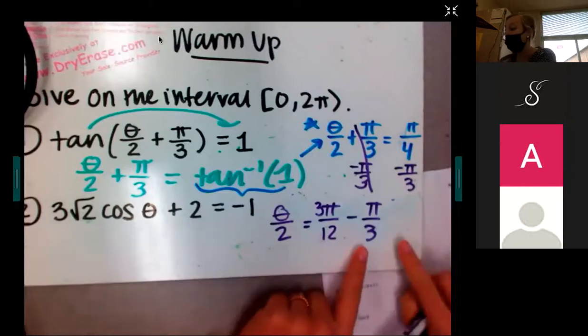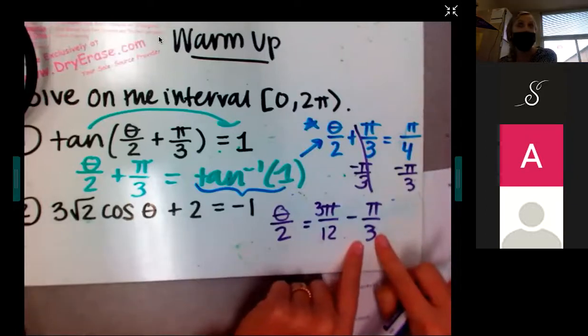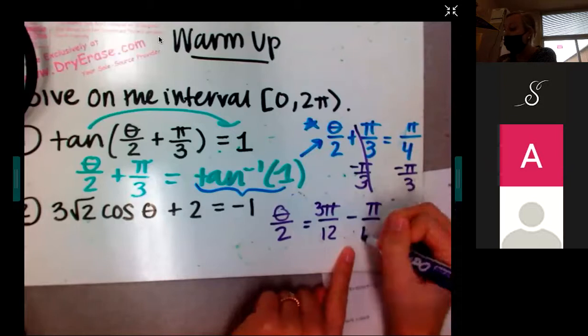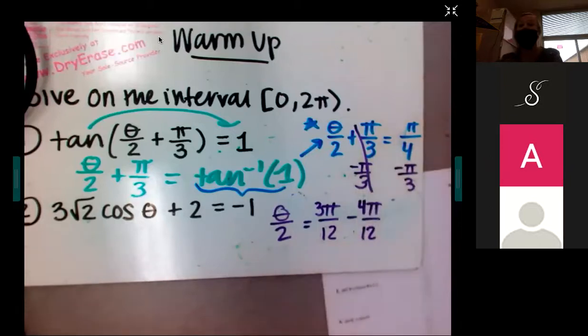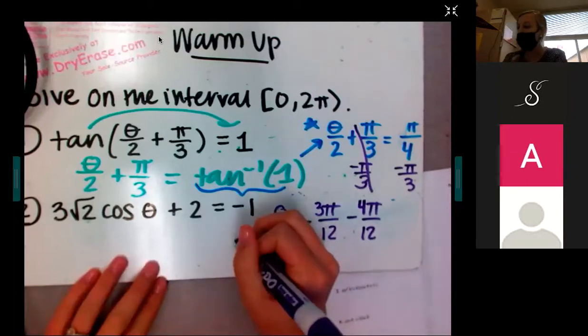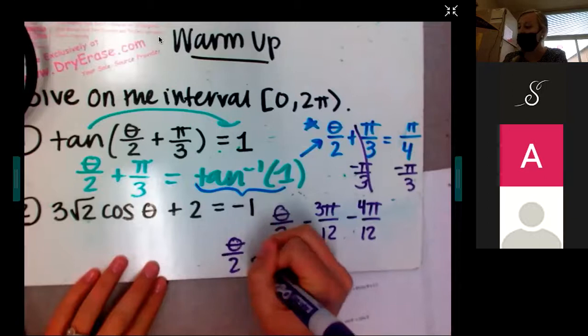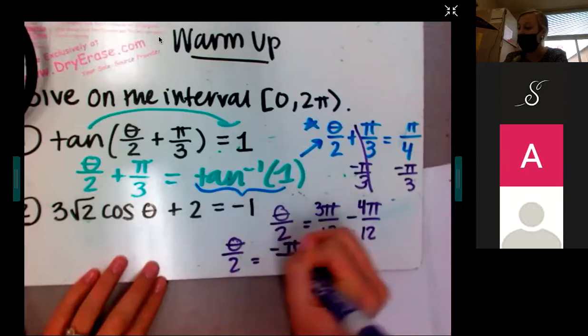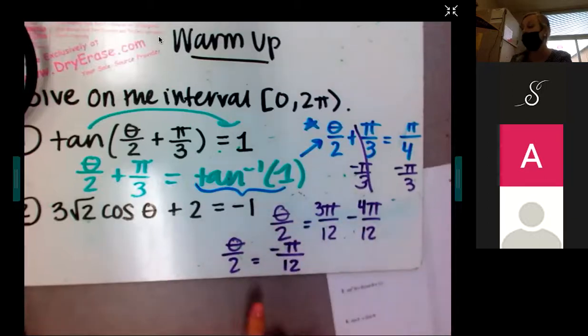What do I multiply 3 by to make it 12? So you multiply the bottom by 4 and the top by 4. So now what is 3 pi minus 4 pi? Negative 1 pi. Good. So now we have theta over 2 equals negative 1 pi over 12. How do you get theta by itself?